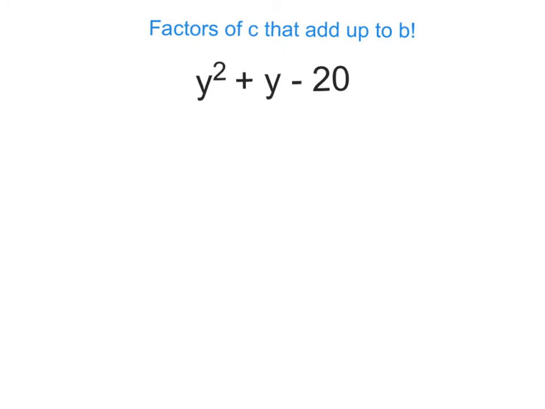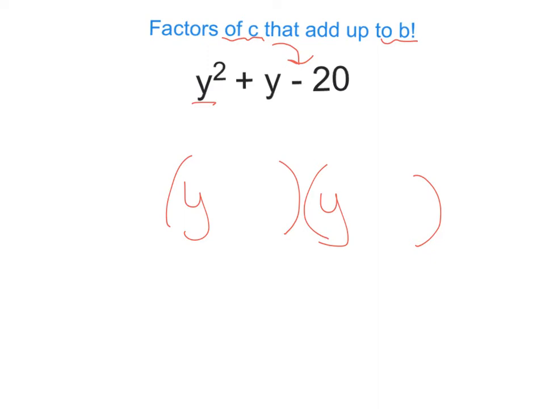Alright, here is another example. It's the same idea. Once you start throwing in negatives, it does make it a little bit trickier, but not too bad. So same idea, we need to find factors of c that add up to b. So let's see, y squared plus y minus 20. Let me get my parentheses on here, and I'll know that I'll have y and y, because they multiply to get y squared. So I need to list all my factors of negative 20 in this case.